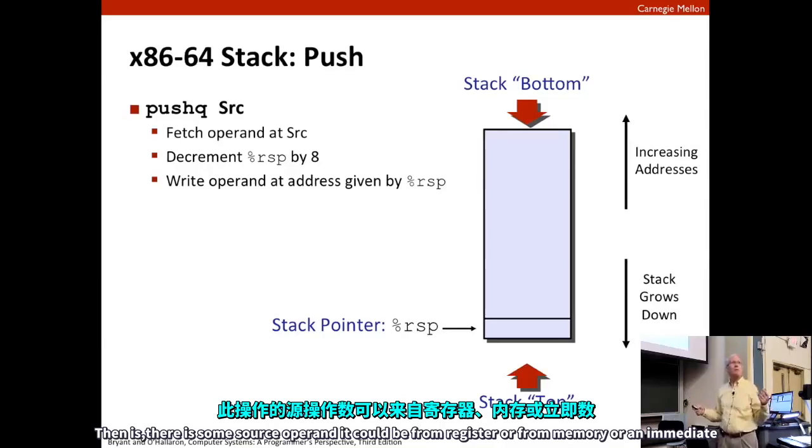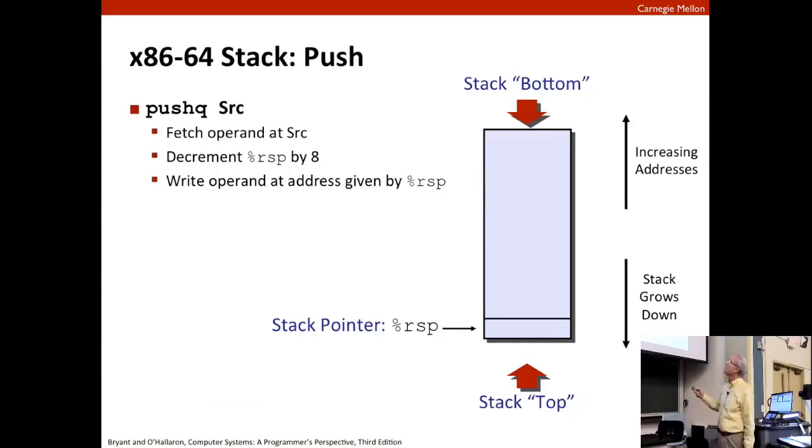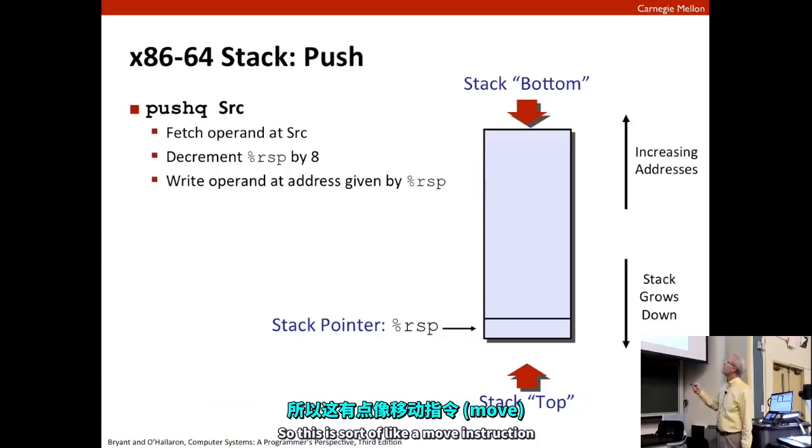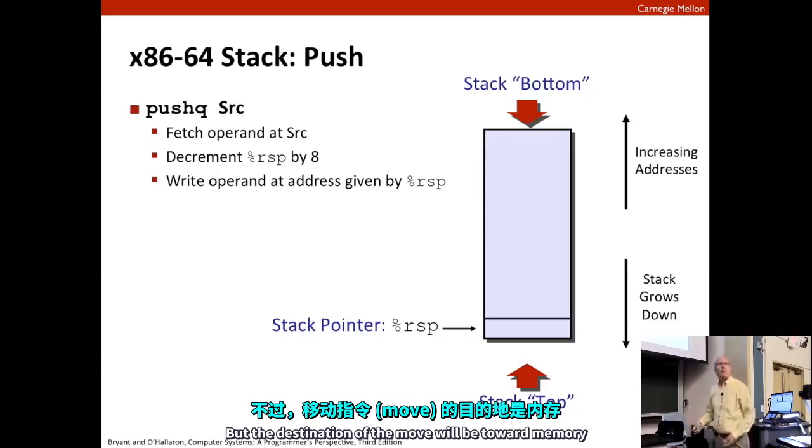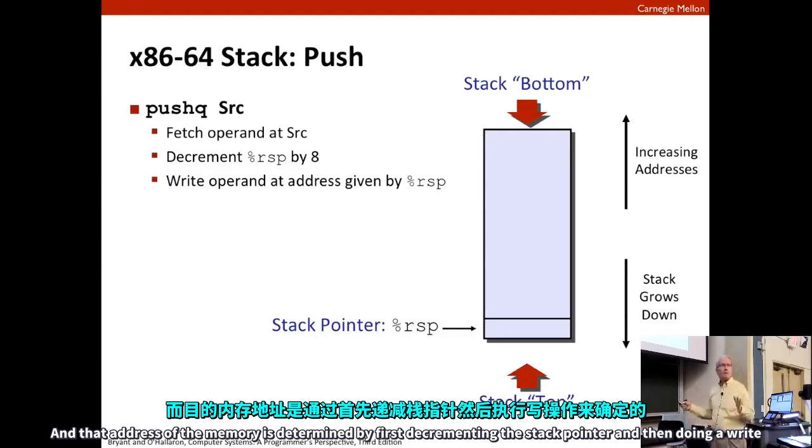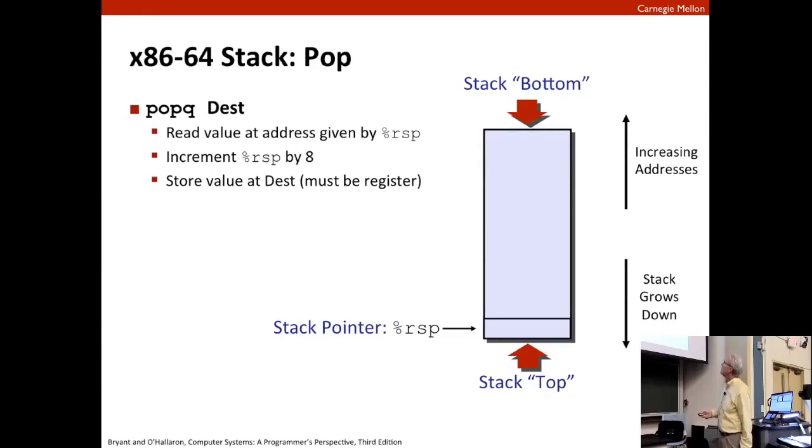It could be from a register or from memory or an immediate. So this is sort of like a move instruction, but the destination of the move will be toward memory, and the address of the memory is determined by first decrementing the stack pointer and then doing a write.